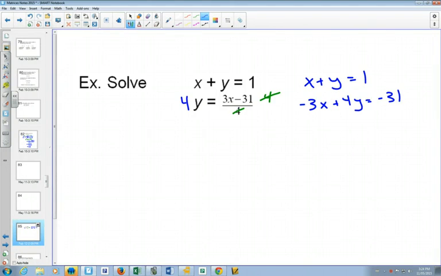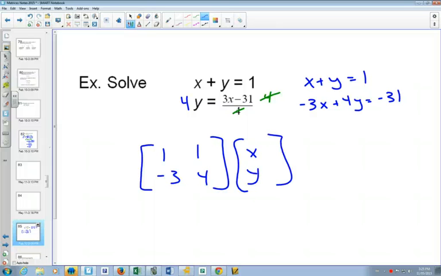Did anybody have 3x minus 4y equals positive 31? That would be fine as well. And it's not going to make a difference if you use one or the other. Okay? But now we can set up our equation like this.